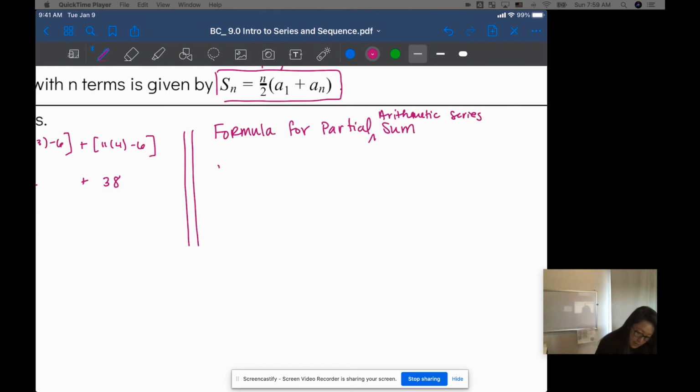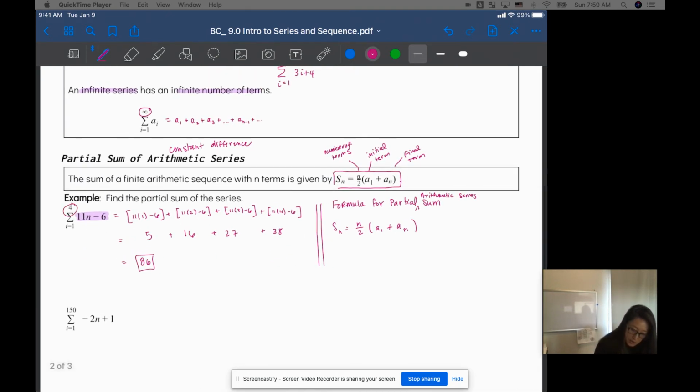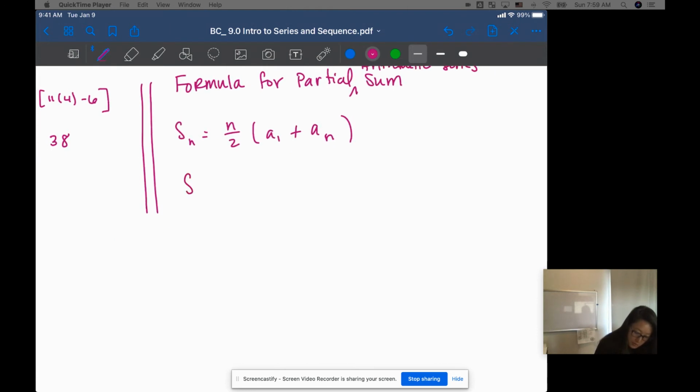So I have S of n is equal to n over 2 times a sub 1 plus a sub n. So I need to know what my n value is. I know that the n value is 4. We're going to add the first 4 terms of our series. So 4 over 2. And then I need our initial value.